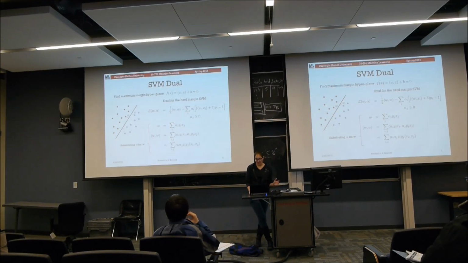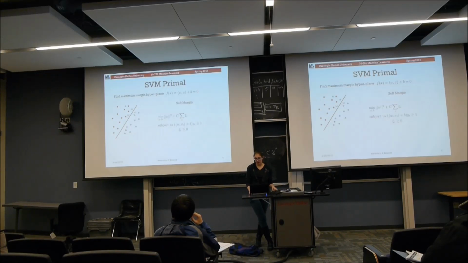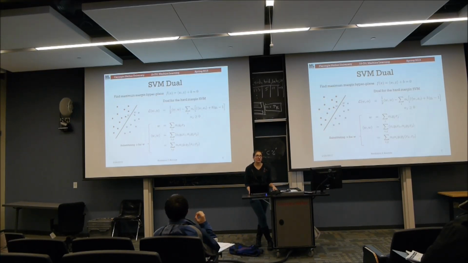Now, to get that W squared term, we can compute it as the dot product with itself, which means that the squared norm of W is a sum over some scalar quantity, alpha i, alpha j, yi, yj, which is a constant, and then the dot product of xi and xj.